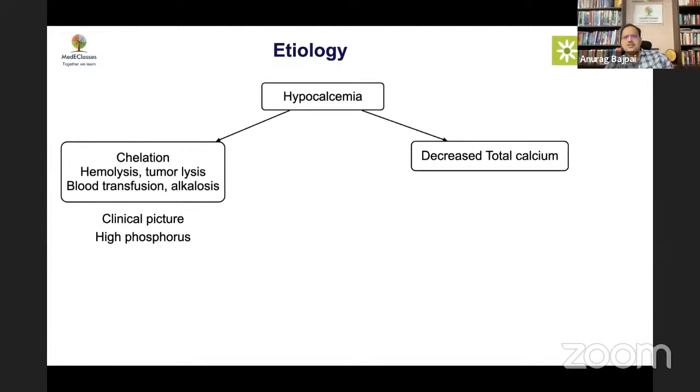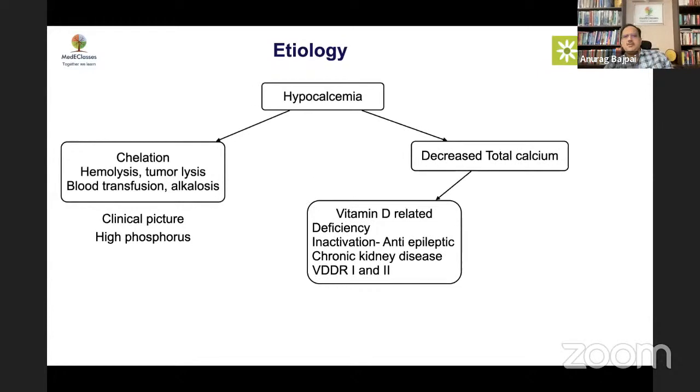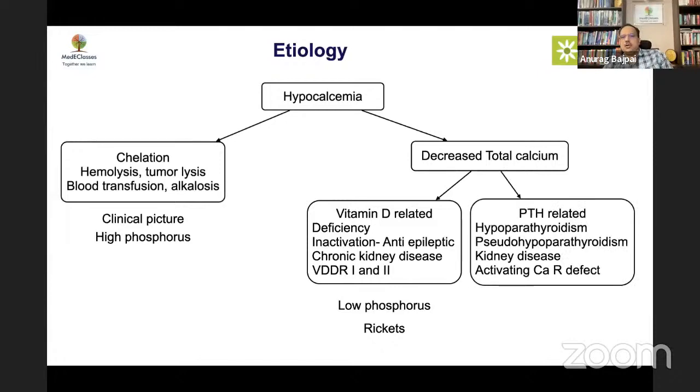You may have decreased total calcium because of a vitamin D related cause, because of deficiency, inactivation, chronic kidney disease, or vitamin D dependent rickets type 1 and 2. Classically, you will have hypophosphatemia with rickets, while you may also have a PTH related cause because of hypoparathyroidism, pseudohypoparathyroidism, or kidney abnormality, where you will have a high phosphorus and you will have calcification.